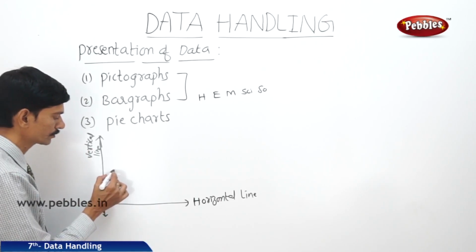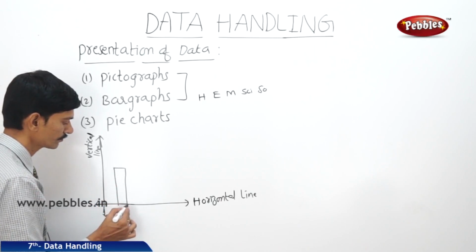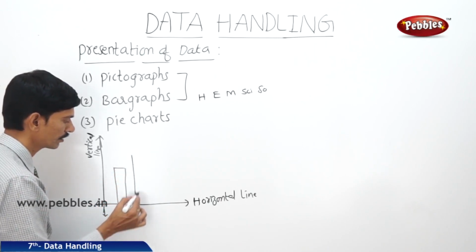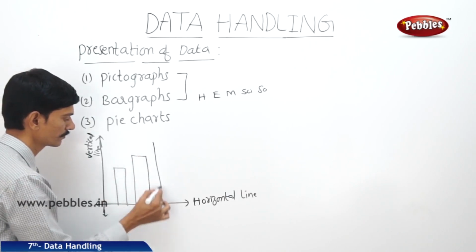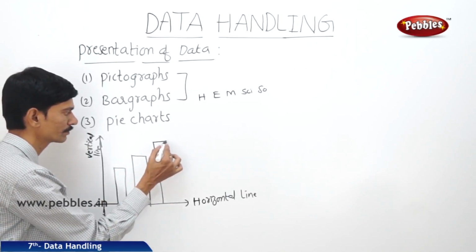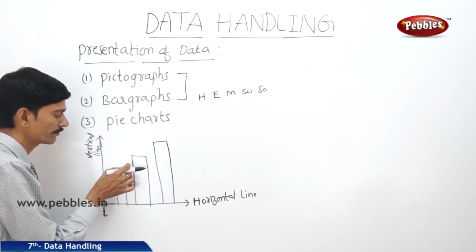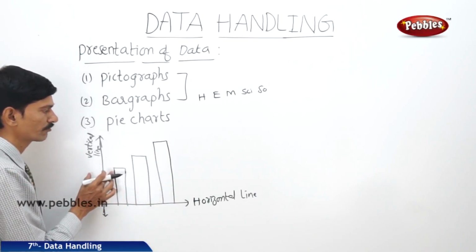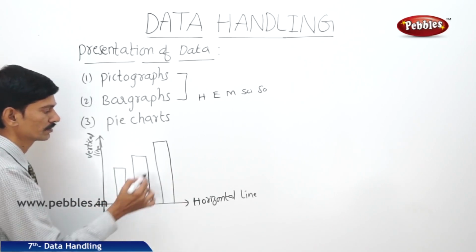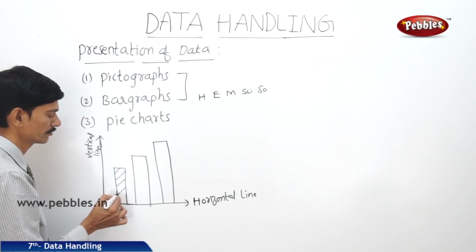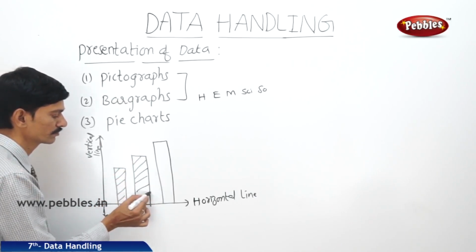For each subject we draw a rectangle or bar, all the bars of uniform width, and there is equal spacing between any two consecutive bars. The length of the bar represents the frequency of the particular subject, and we shade the bars.